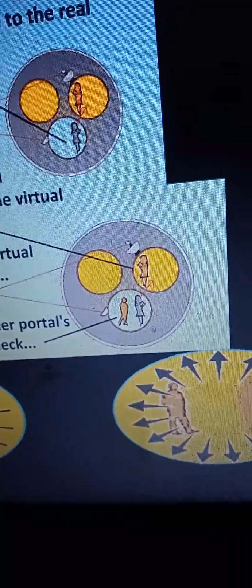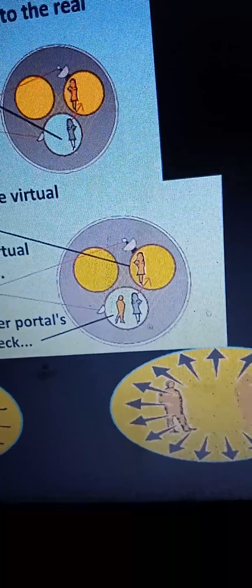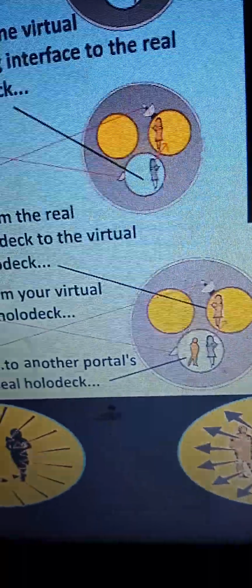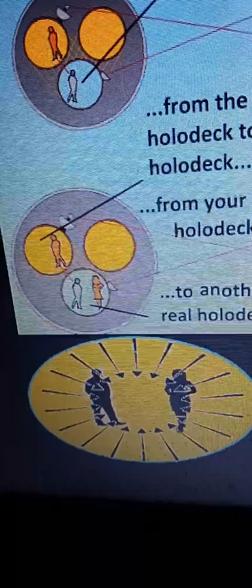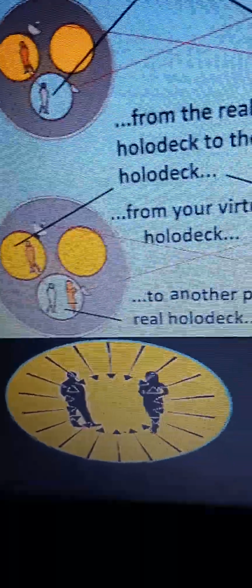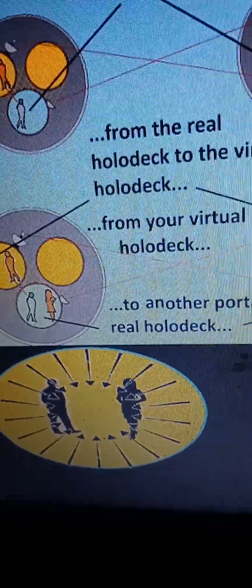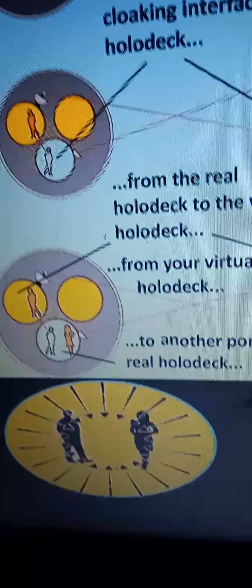Your virtual self would be in her holodeck, and it would travel back through the transmitter to your real holodeck and overlap your body. Your virtual self will overlap your material body.